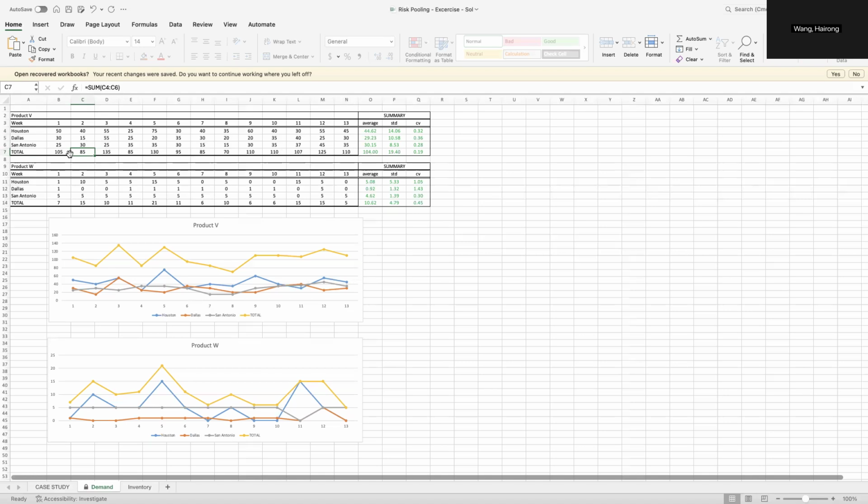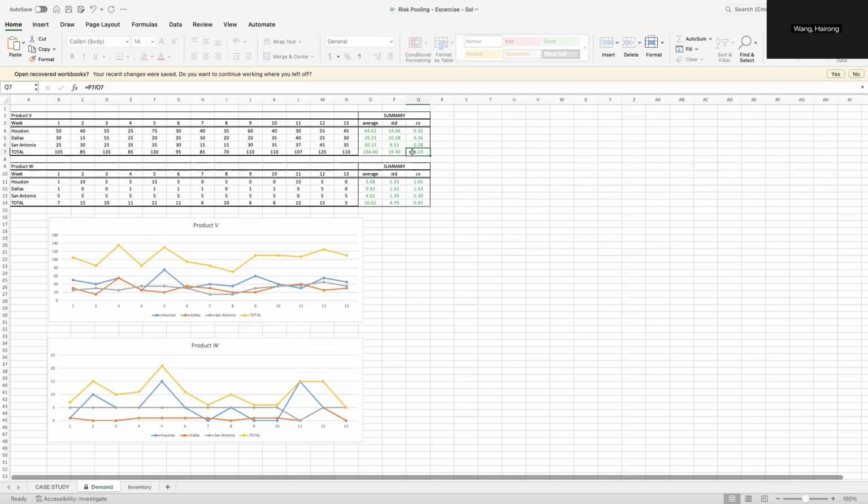And then similarly for the following weeks, we first calculate the summation of all three locations for each of the 13 weeks. Then, same as the previous one, we calculate the average and the standard deviation of demand for the total row, which we can regard as a centralized location.